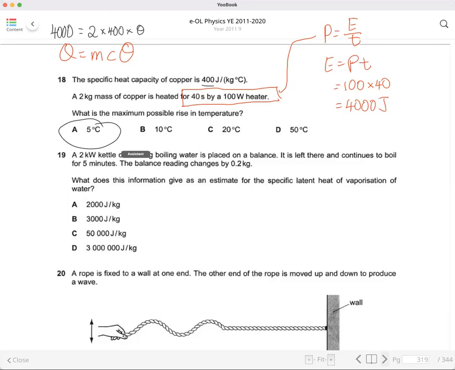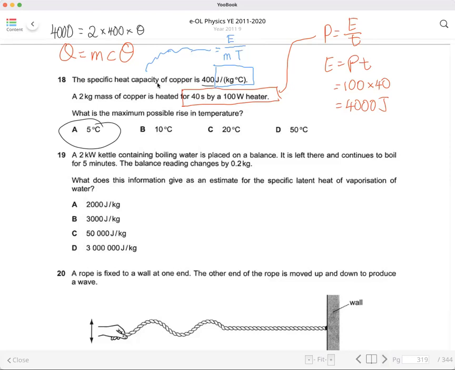What if you cannot remember the formula? Can you actually investigate using the unit here? Can you see from the unit? It tells you that the specific heat capacity is equal to J, which is energy, divided by the mass and the temperature. Understand?